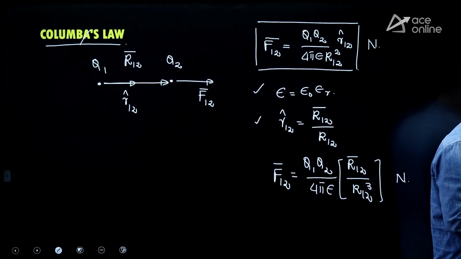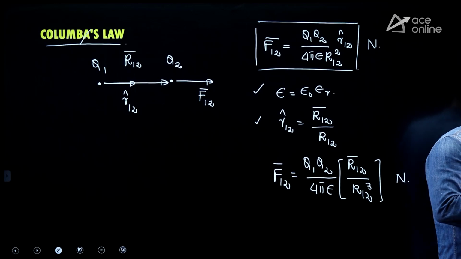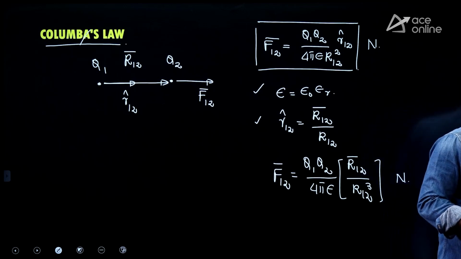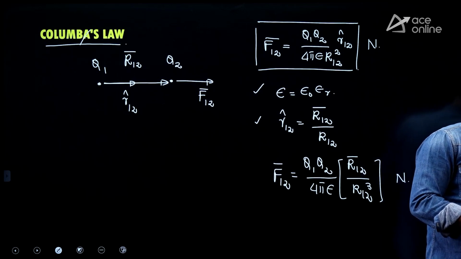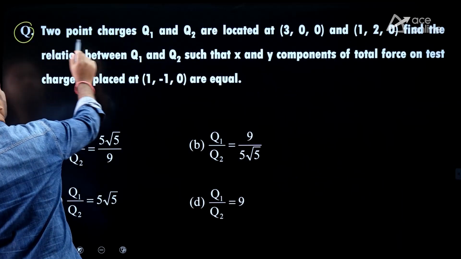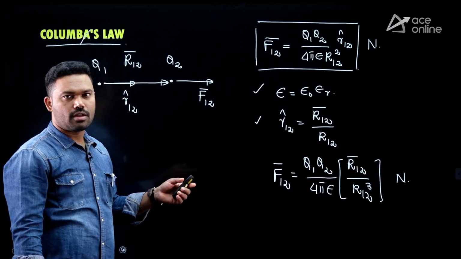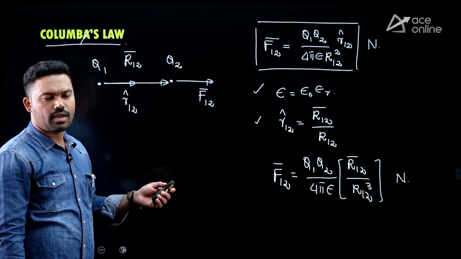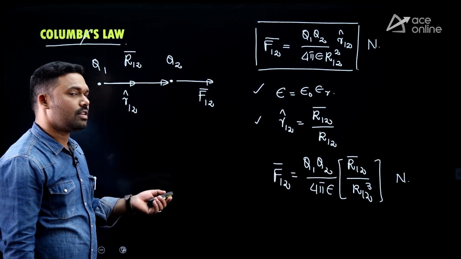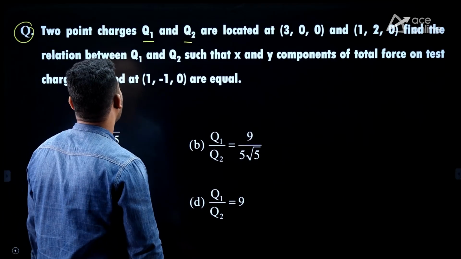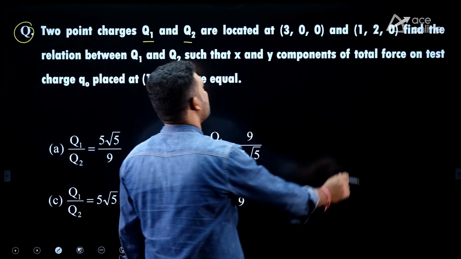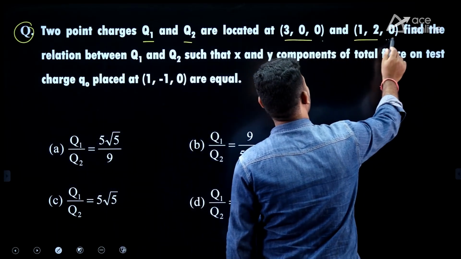So it is a very simple one. The only thing is you should properly use the vectors. Let us have one question here. 2 point charges Q1 and Q2. See, on this Coulomb's law also there was a question. It may be a simple one, but there was a question. 2 point charges Q1 and Q2 are located at 3, 0, 0 and 1, 2, 0.